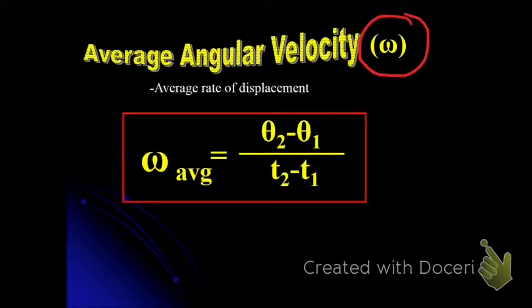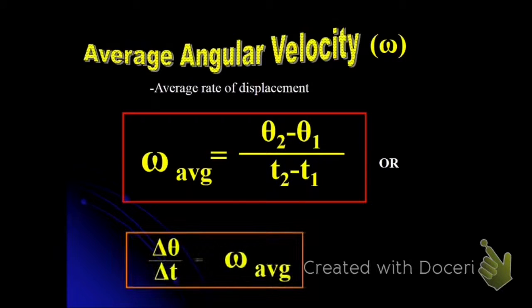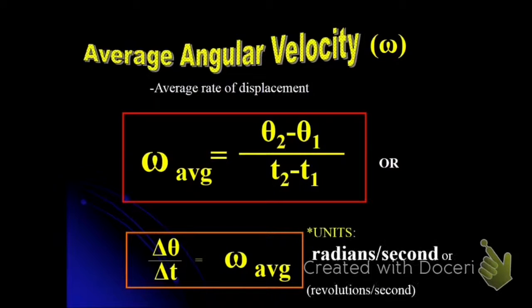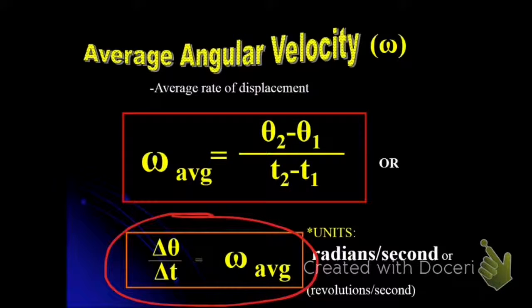It's actually a lowercase omega, and we can write it this way, but we can also write it a little bit simpler as just change in angular displacement over change in time, and that'll tell you how fast something is moving from an angular point of view, and we'll do a sample problem toward the end here. We're going to measure that in radians per second, or you will sometimes convert it to revolutions per second. So this would be another good equation to get down on the equation card.